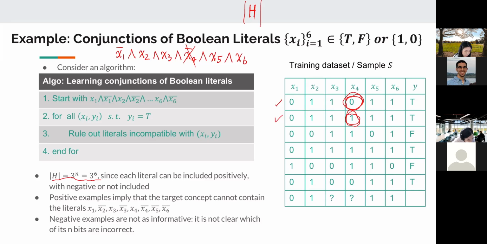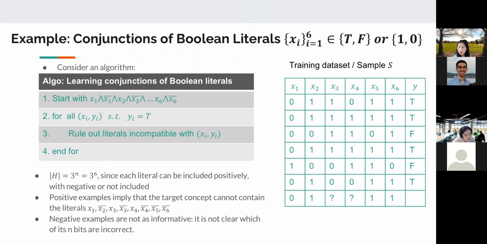Because for each literal xi, you can either choose to include it, include its negation, or choose not to include it. So you have 3 choices for each literal, which becomes 3 to the power n.